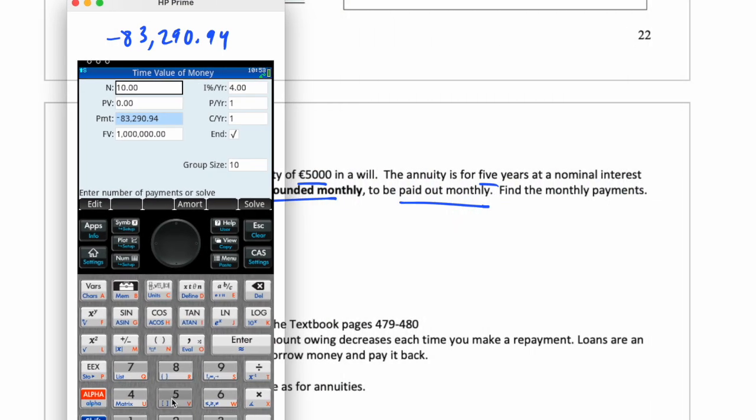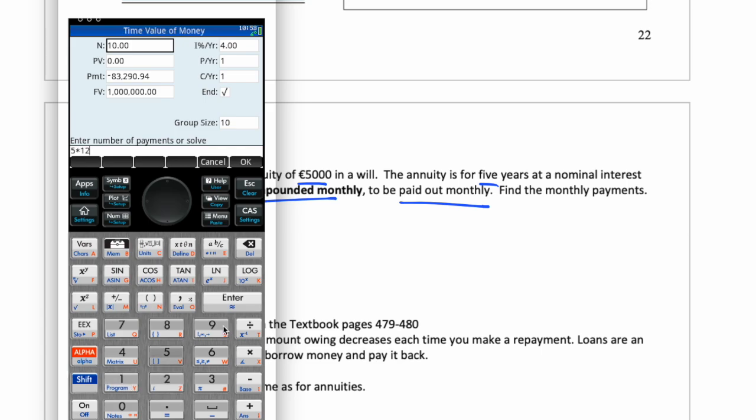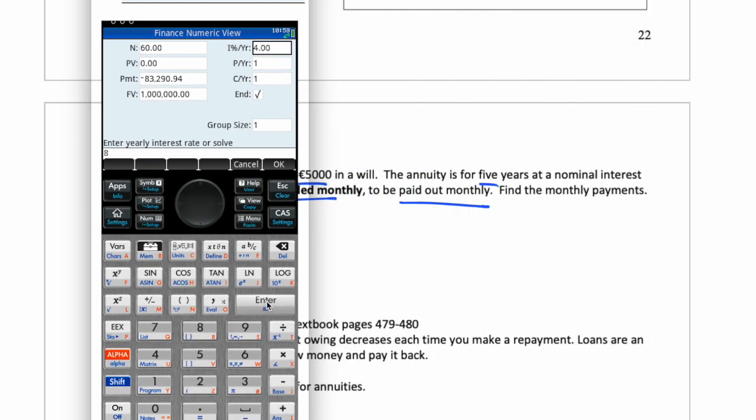We have to do 5 times 12 in there, so we do 5 times 12, which is 60. The interest rate is 8. It's compounded monthly, and the payments are monthly, so let's put in 12 for both of those.